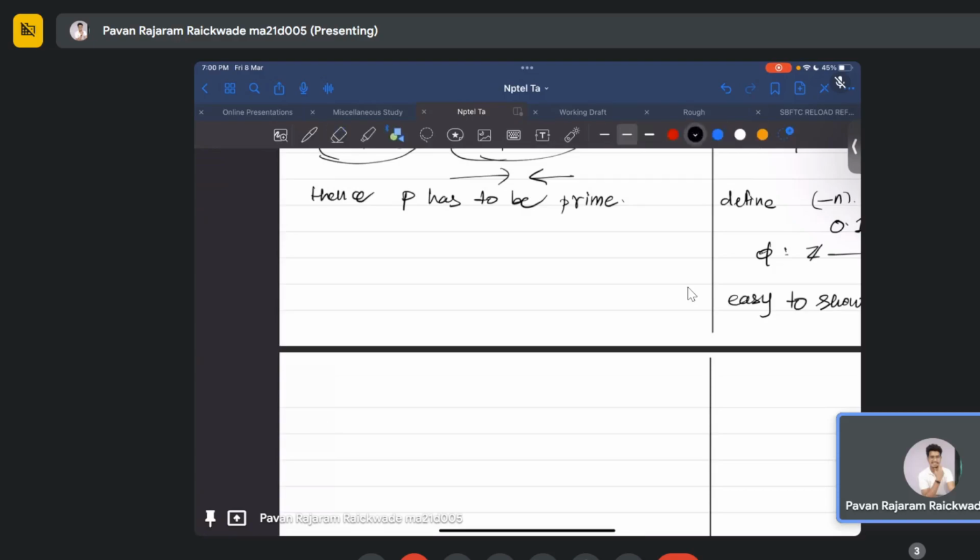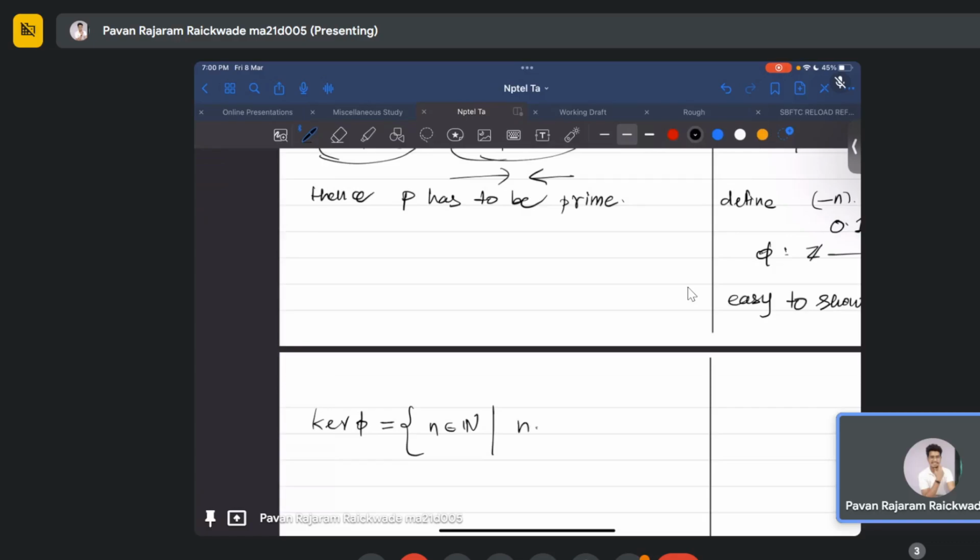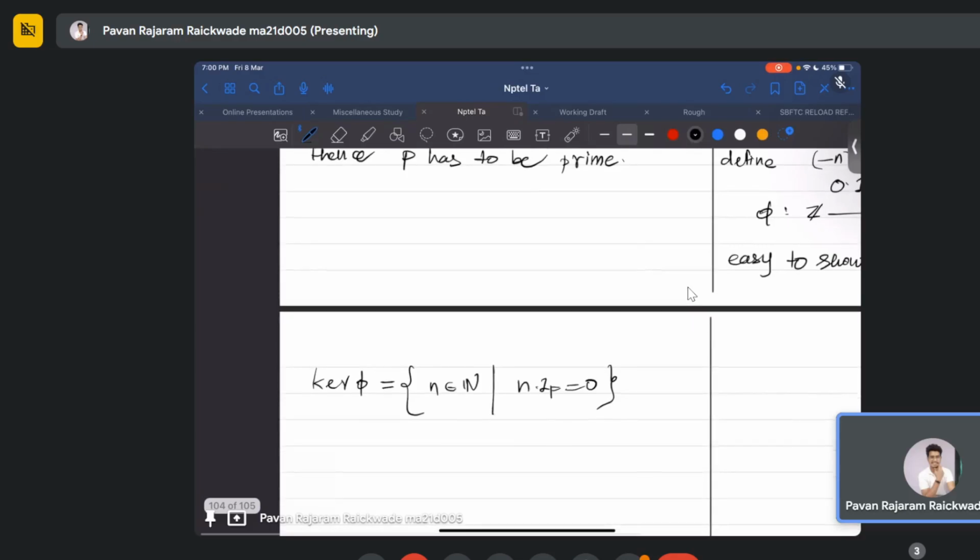What is the kernel now? See, kernel phi is the set of all integers n such that n times 1_F equals 0, right? That means it's a multiple of the characteristic basically.